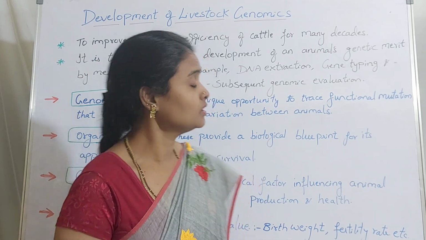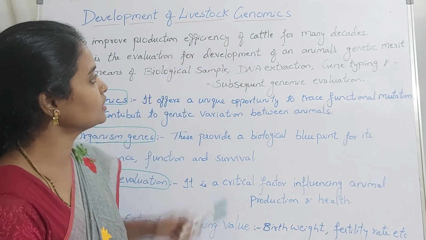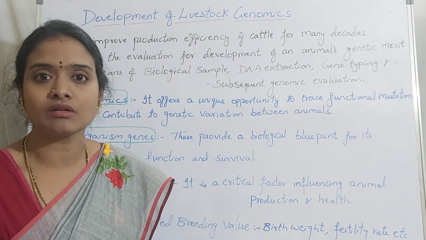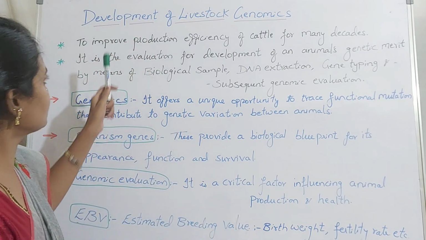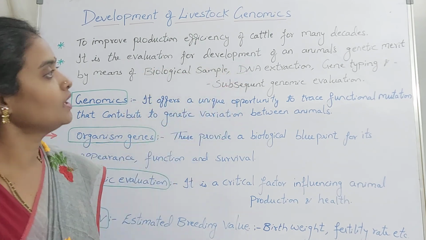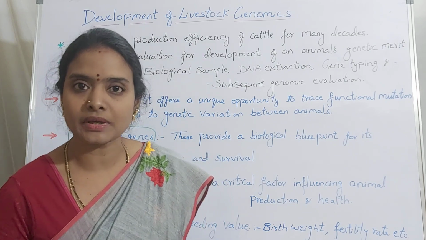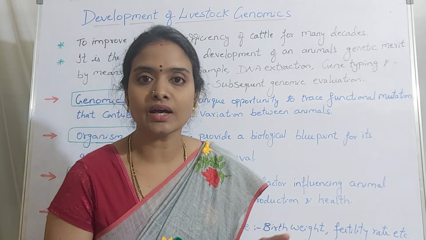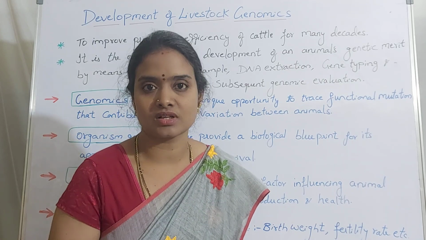So here, in order to improve your livestock for decades, you need to go for the evaluation of the cattle present in the farm. Next one is the evaluation for the development of the animal genetic merit. Once you get the complete farm animals or the livestock, you have to give them a ranking based on their progress, right?